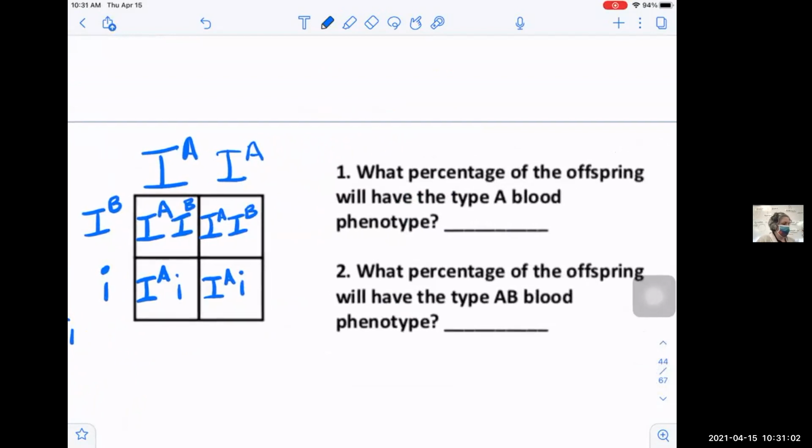All right, so now we can answer some questions once we've filled in the Punnett square. What percent of these offspring are going to have type A? So these two will be type A, right? By the way, you don't have to memorize the genotypes.